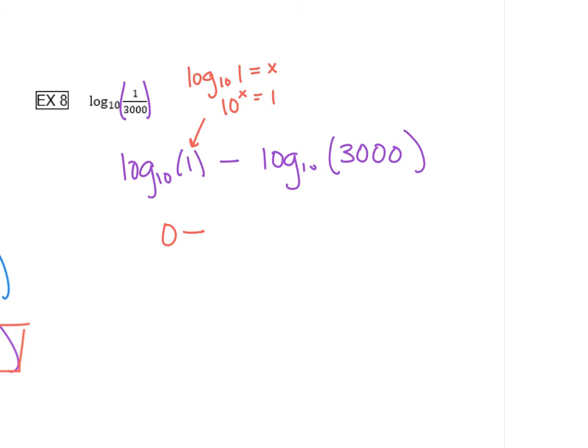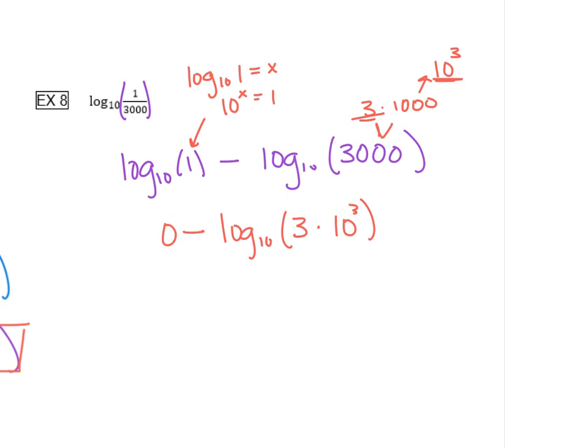How can we break down 3,000? Well, that's 3 times 1,000, and 1,000 is equal to 10 to the third power. So the 3 we need and the 10 is useful like we did in our last example. So I'm going to rewrite this 3 times 10 to the third power.